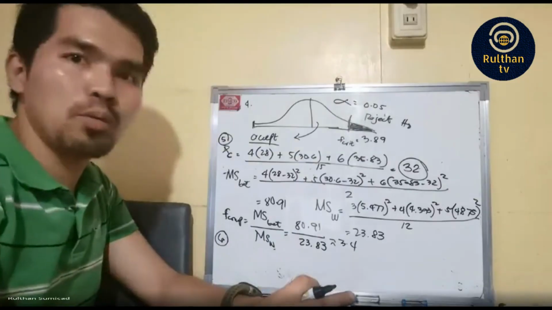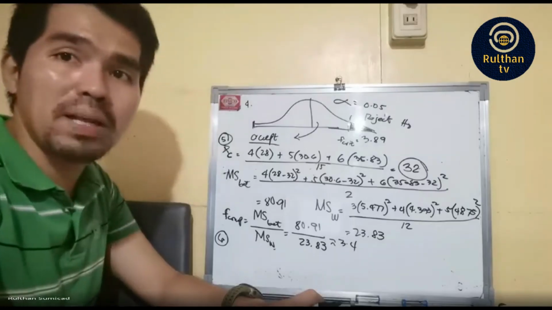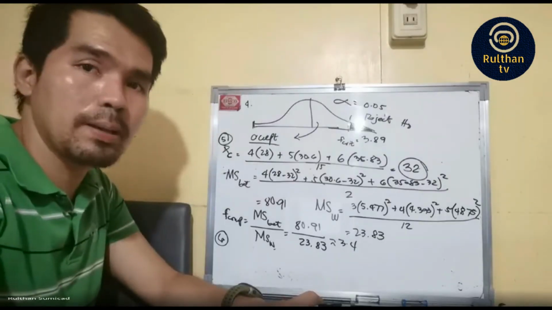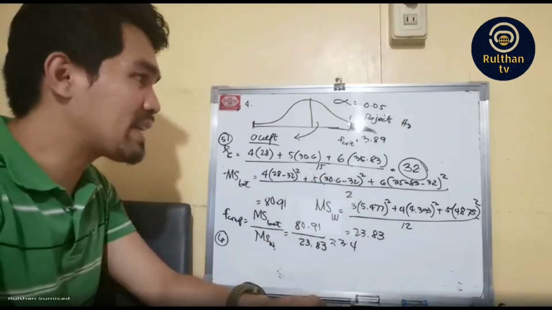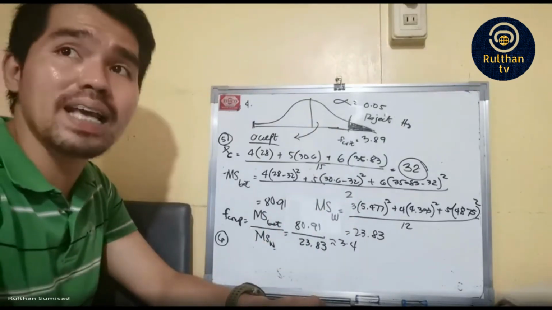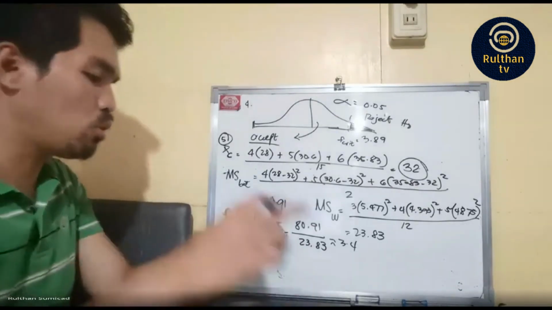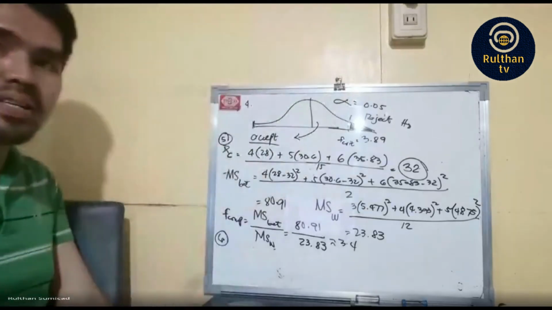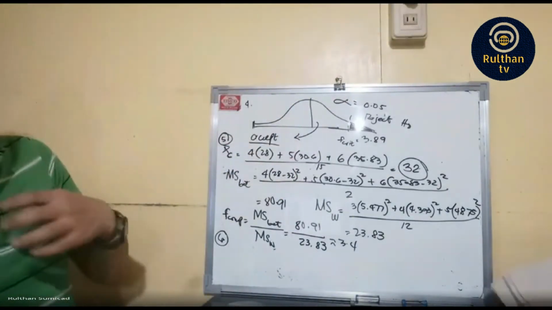No, that's not how we state the problem. We have to state the whole sentence. Yes, I know the answer is we fail to reject the null, but I wanted to have the full sentence of our decision. You must know how to present your decision in a full sentence.